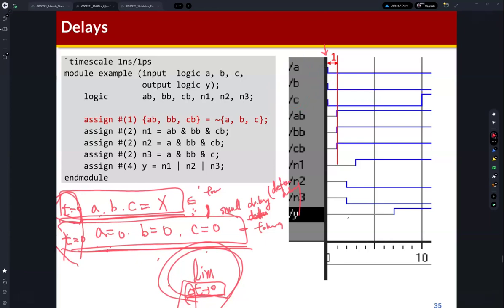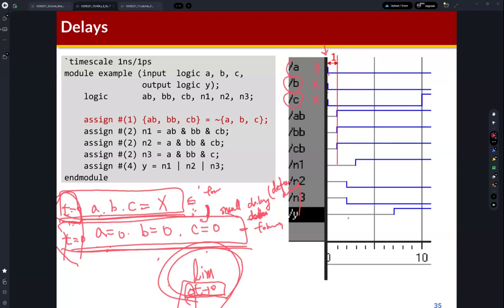So then how can we explain the delay operation? As you can see, this is A, B, C. Initially these are all don't cares, X, and then at t equals 0, it is changed to 0, 0, 0.